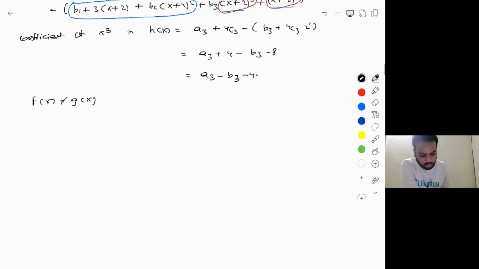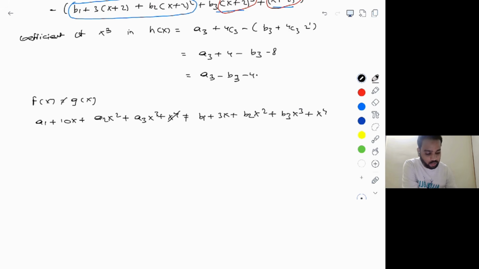So if you substitute these f of x and g of x functions, what we get is a1 plus 10 into x plus a2 into x square plus a3 into x cube plus x to the power of 4, which is not equal to g of x. g of x is nothing but b1 plus 3x plus b2 into x square plus b3 into x cube plus x to the power of 4.